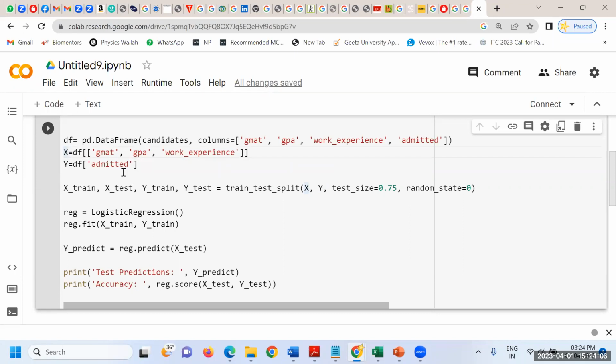Suppose he wants to take some admission somewhere in Massachusetts or some different university, which is very highly reputed. So based on this value, we are going to see whether he is going to get admission or not. So this Y is the output. So output means it is your dependent variable, and X is your independent variable. So based on this X, Y will be decided.